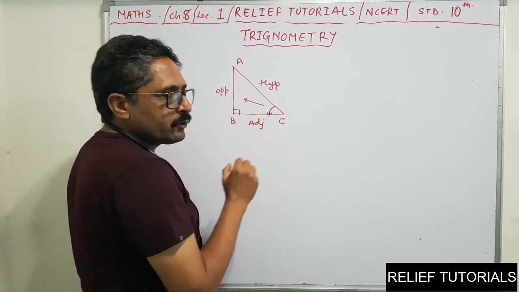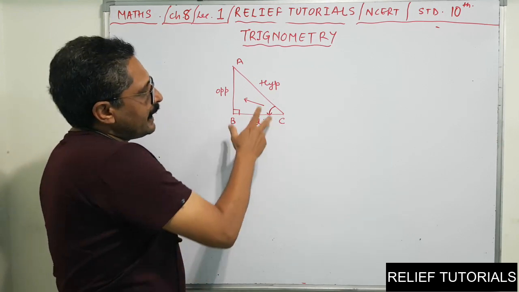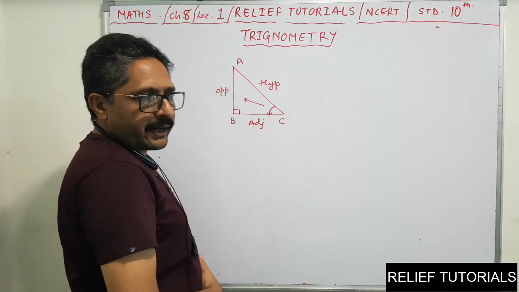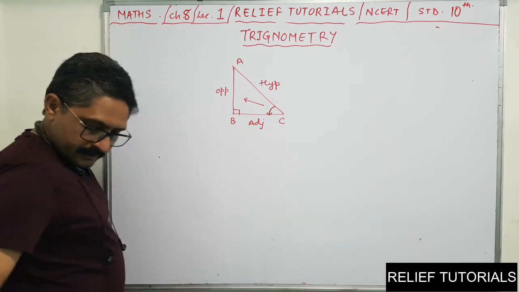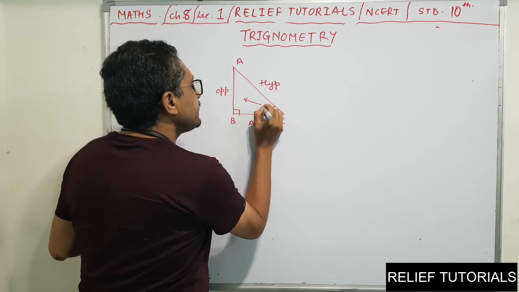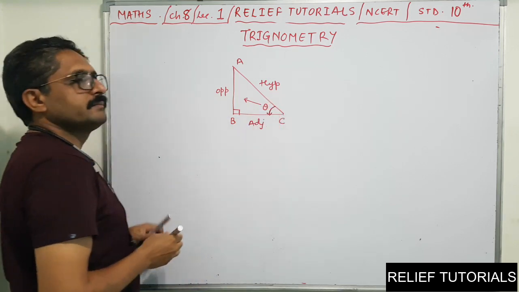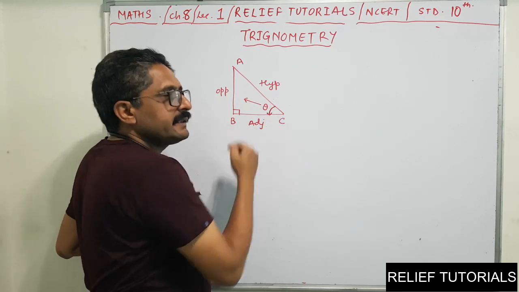So here in trigonometry, we will consider three sides of a triangle and these angles of a triangle. Okay? See, if I consider this angle C as theta, this angle C is denoted by theta.